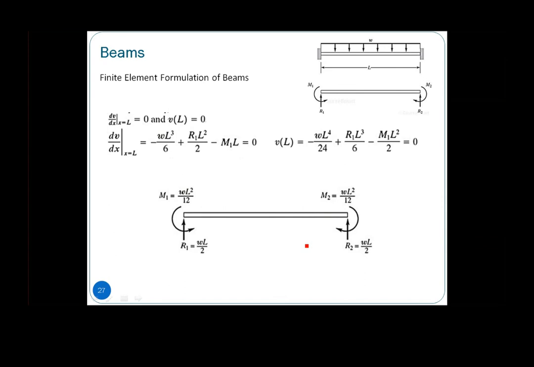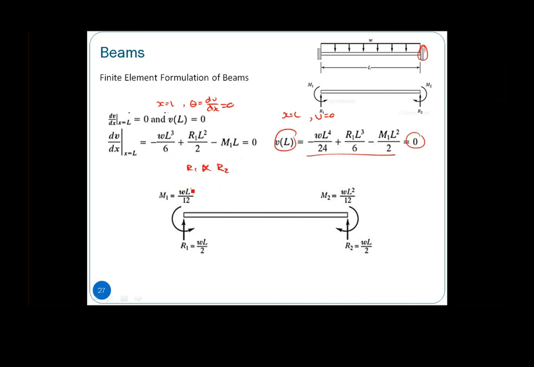So when x equals L, we substitute into the equations. We know that when x equals L, V equals 0, and our theta, or dV/dx, also equals 0. Then from there we can determine our unknowns.